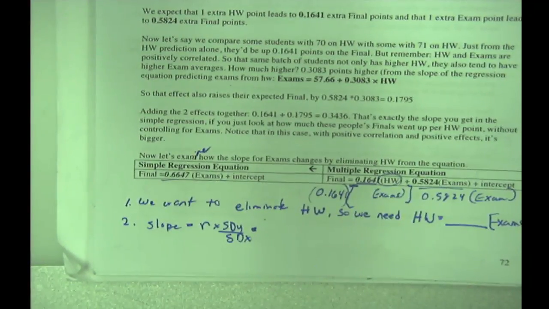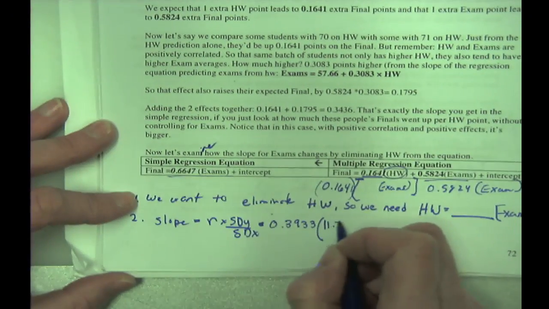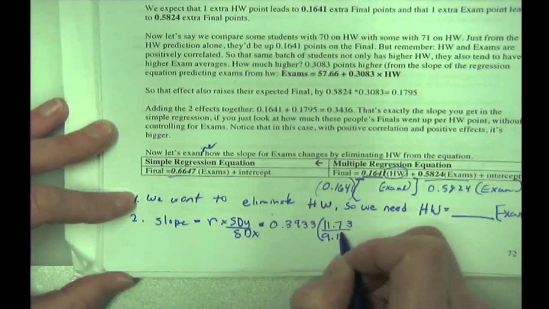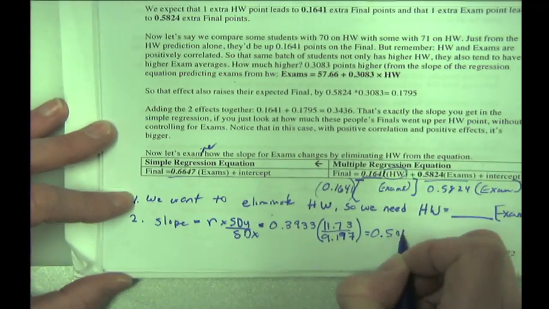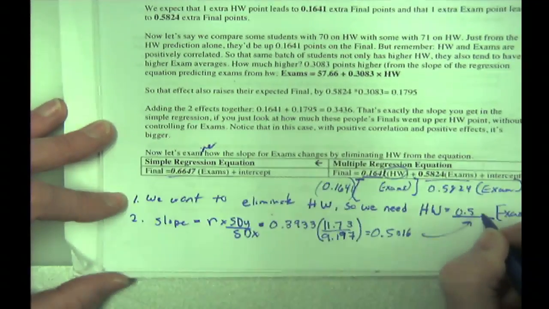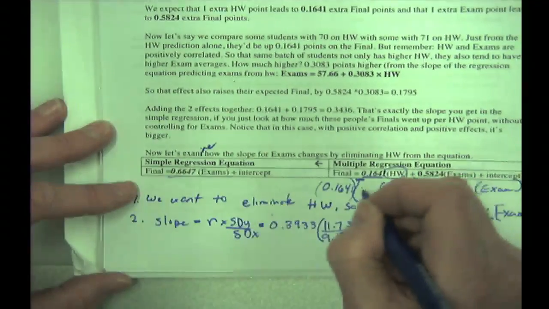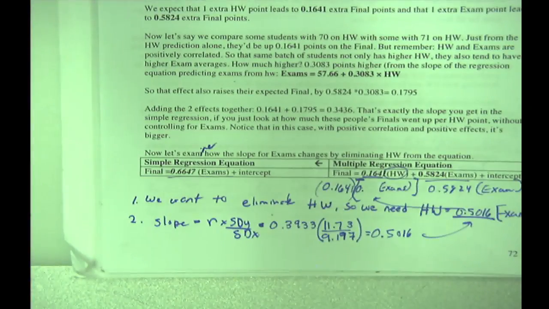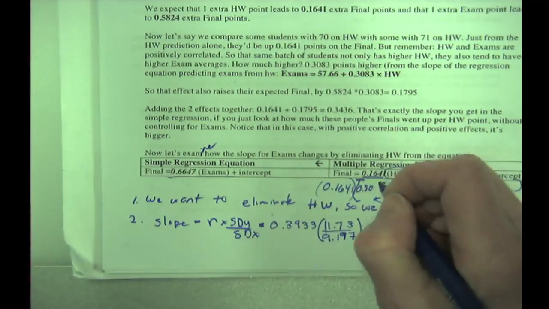So we're going to get 0.3933, and you're going to do this on your homework, and I'm just flipping this, and I can forget about the intercept, and I got 0.5016, and that's what goes in here. It's hard for me to read. 0.5016. 0.16.